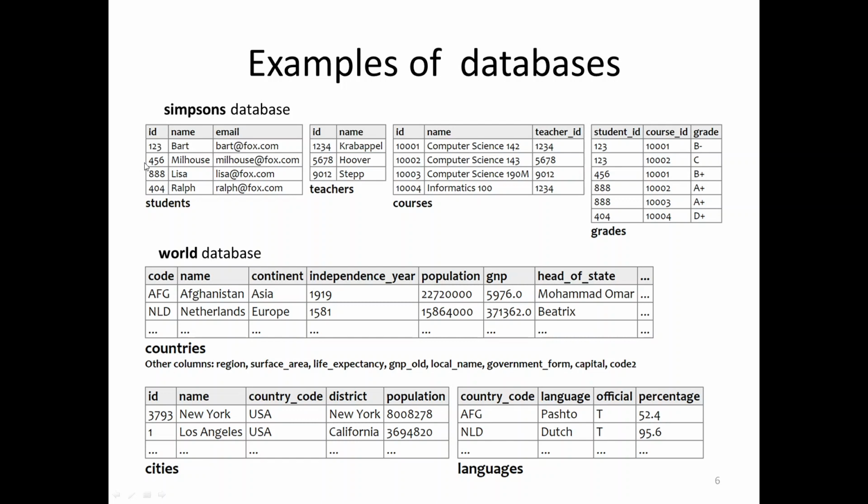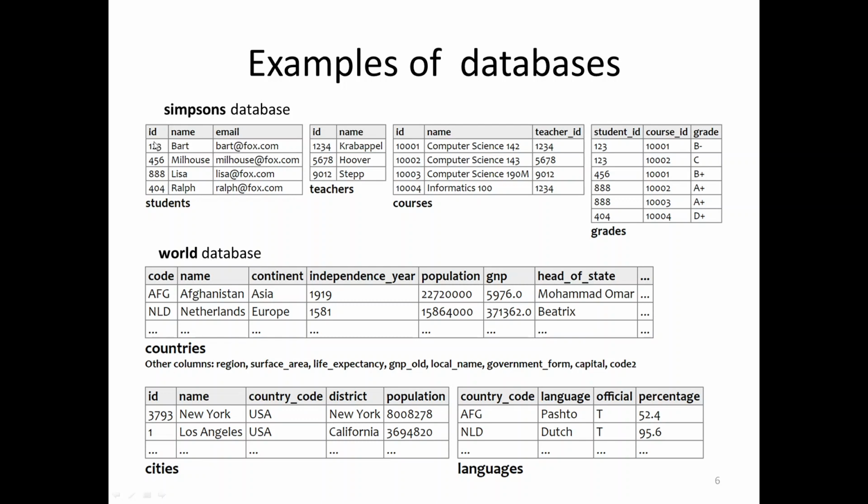So a primary key is a minimum set of attributes that uniquely identify a row, a record in a given table.